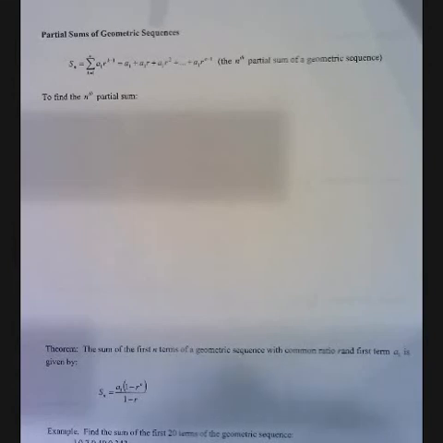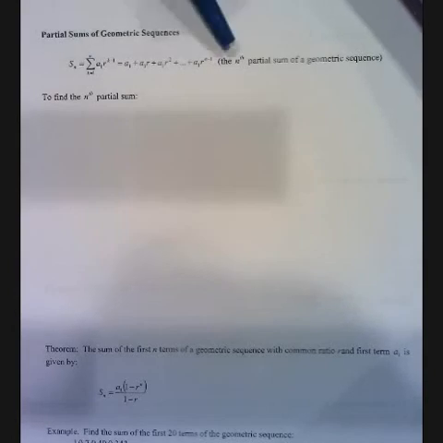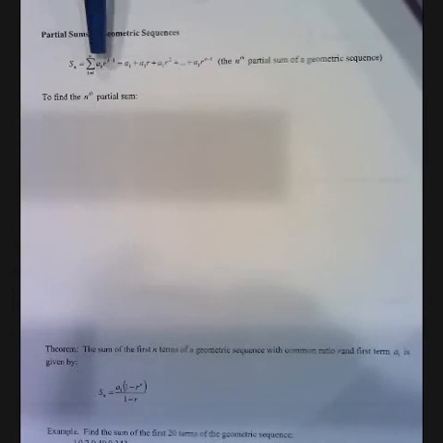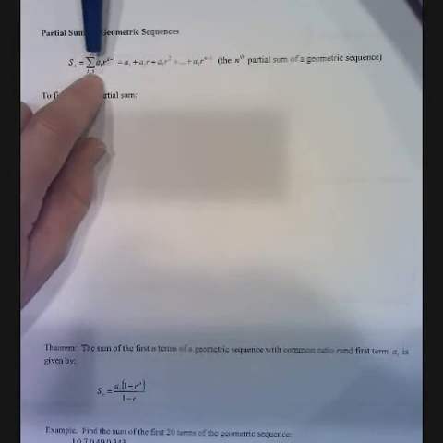So now we're going to look at partial sums of geometric sequences. If we're going to add up a finite number of terms of a geometric sequence, then we can look at what we call the nth partial sum. Here's the notation: the nth partial sum, we subscript this with the index k equals 1 to n.